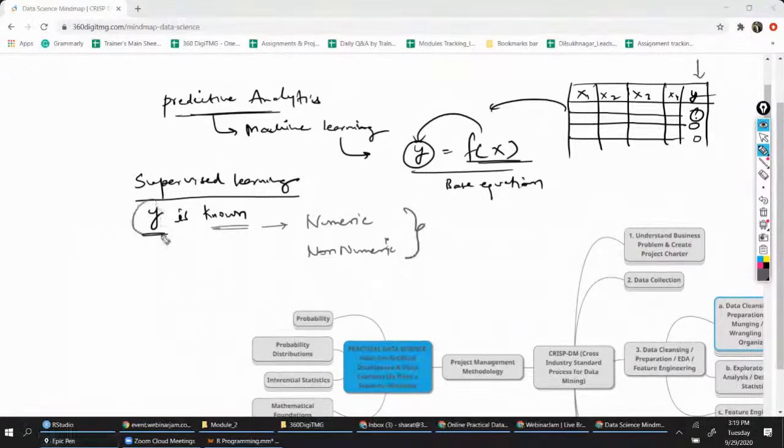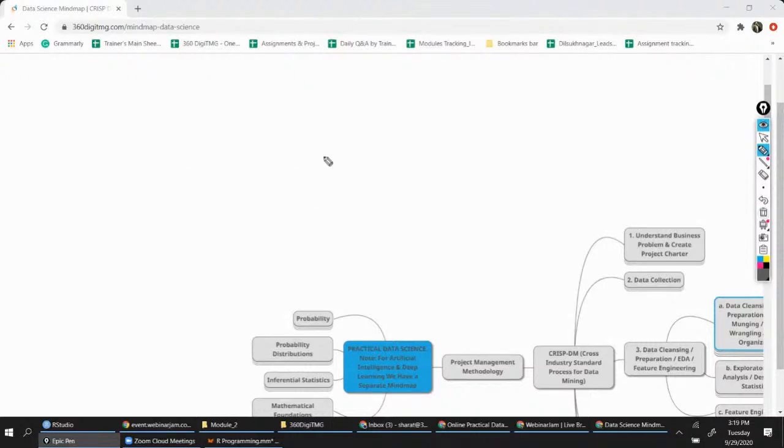Based on the value that you are trying to predict, your equation and your approach would vary. But ultimately, I need the base equation to be identified, which is y equals f of capital X.